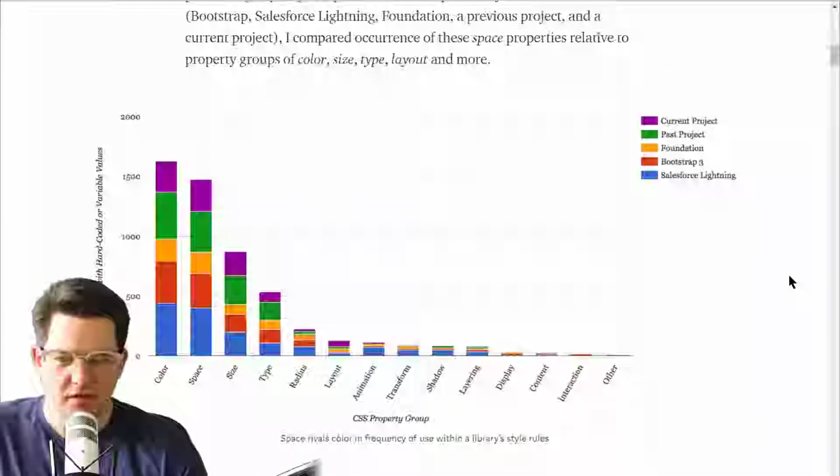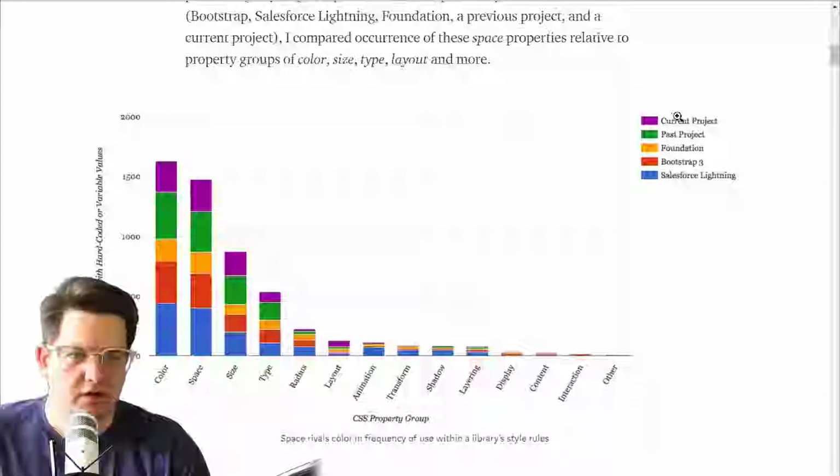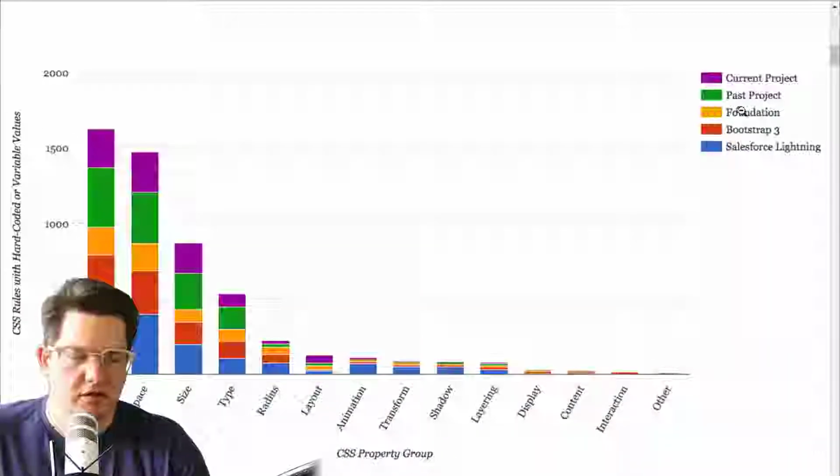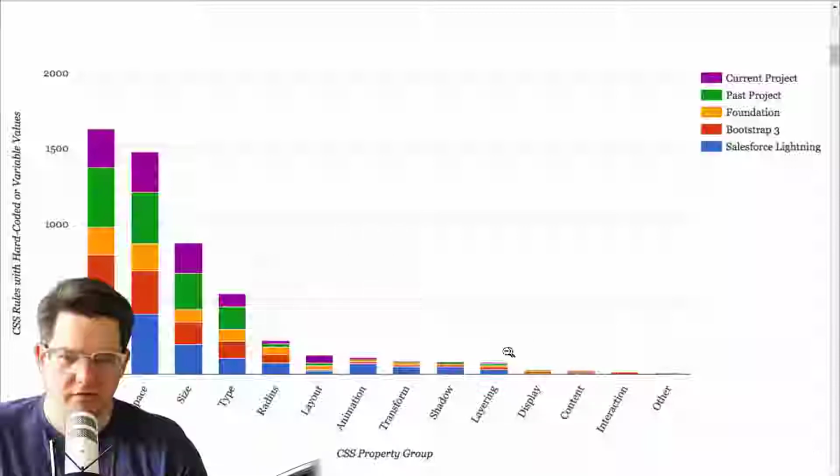Okay. So I think what he's talking about is, okay, current project is purple, past project is green, Foundation, Bootstrap, Salesforce. Okay, so Bootstrap. I've used Bootstrap. That's in red. So CSS property groups. Color is the biggest one. So color is used a lot. Lots of color.